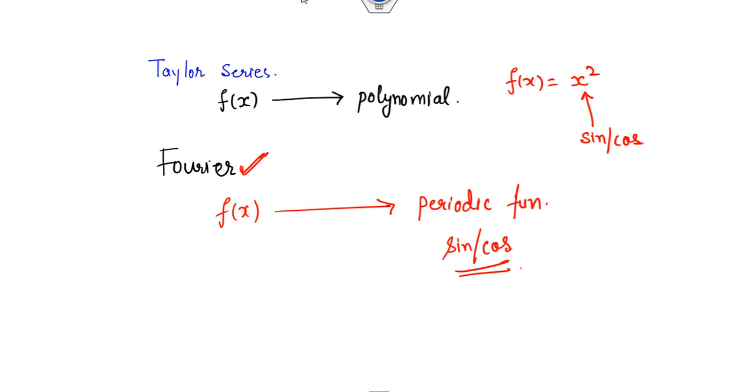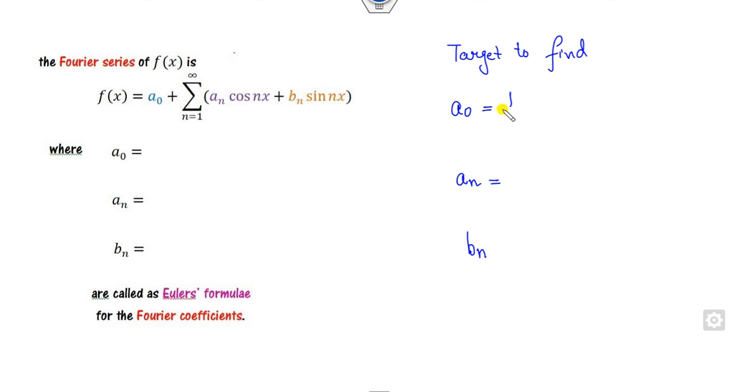Then a₀ is 1 over the period, 1 over 2π, integration from −π to +π of f(x), and so on for the others with the limits from −π to +π.